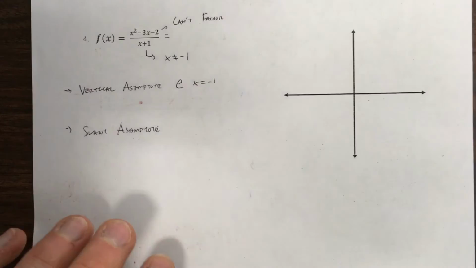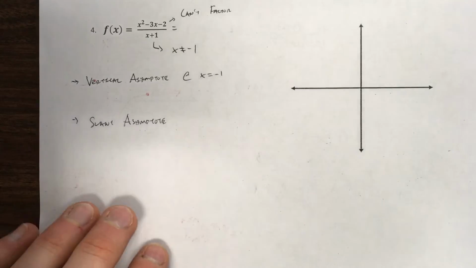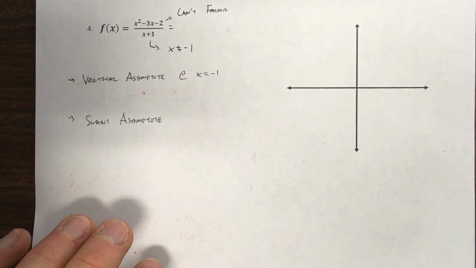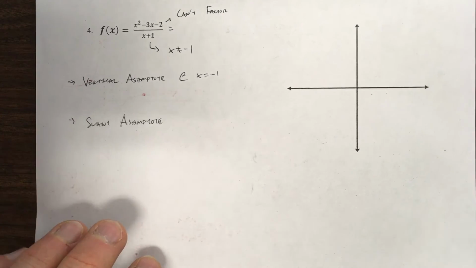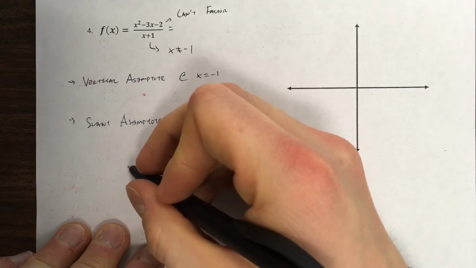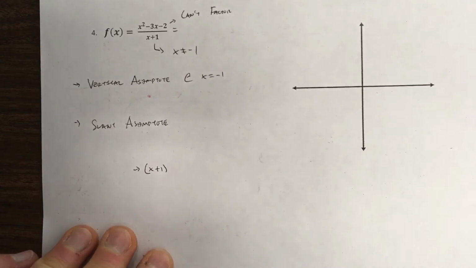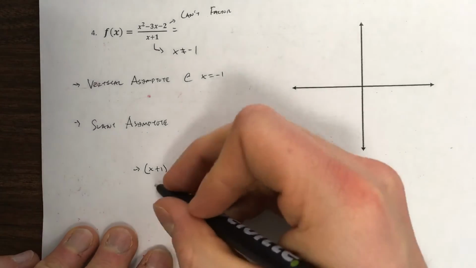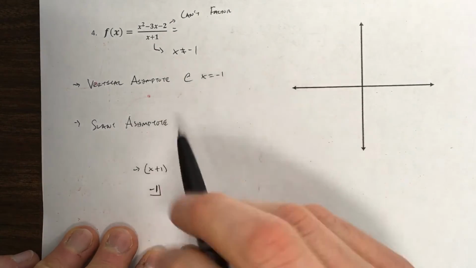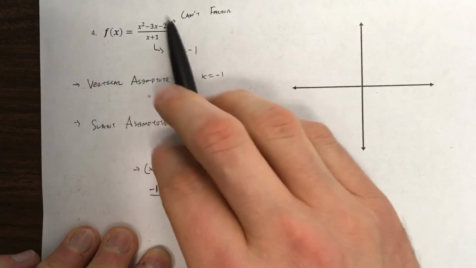Now, back here. Slant asymptote because the degree is bigger in the numerator than it is in the denominator. So we can do some long division. We're dividing by x plus 1. So our little corner here would be -1, and we're dividing this by x plus 1.